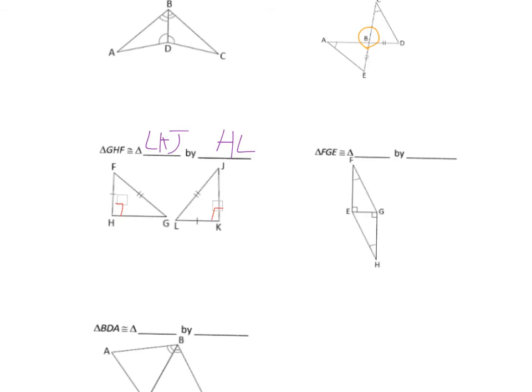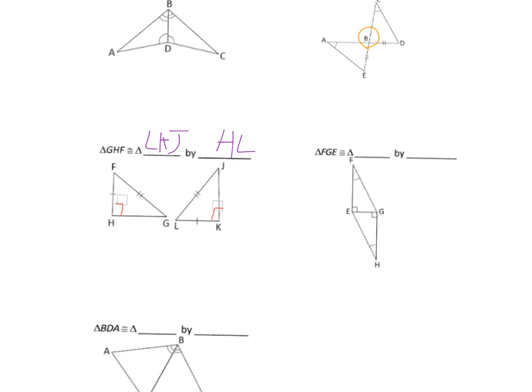So now we want to look at triangle FGE, and we have a right angle, and we have a shared side. Okay, so we don't know anything about this hypotenuse, so we know right off the bat that if we have congruency, it's not going to be because of the hypotenuse leg rule, even though we have a shared leg and an angle between them.